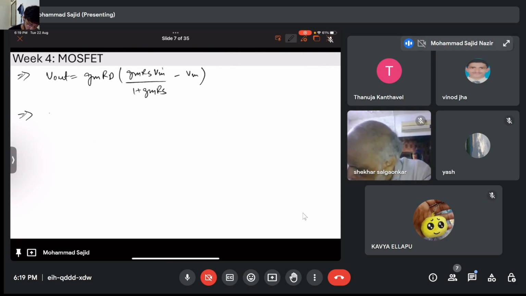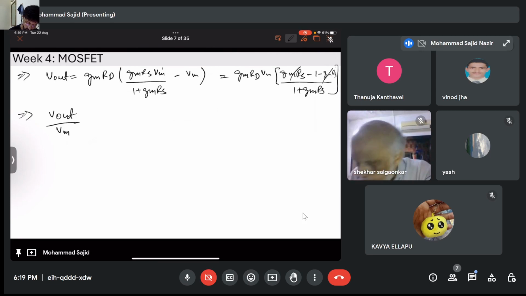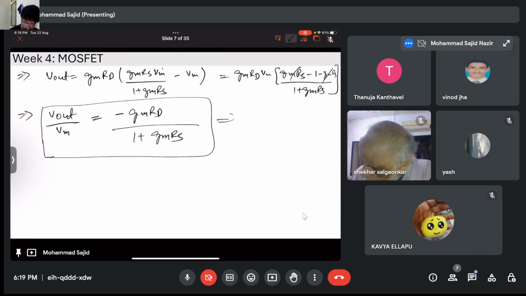Okay, that means my V output by V input, taking Vin as common, is GMRS minus 1 minus GMRS divided by 1 plus GMRS. This and this will go. That means my V output by V input will be minus GM RD divided by 1 plus GM RS, right? This is your gain. Any questions till now?